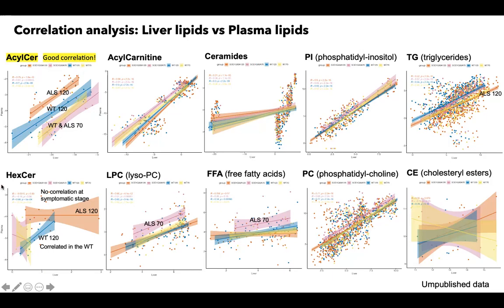On the other hand, exocylceramides that we also saw different in the ALS animals were not correlated with liver. So we believe that acylceramides are probably formed in the liver.